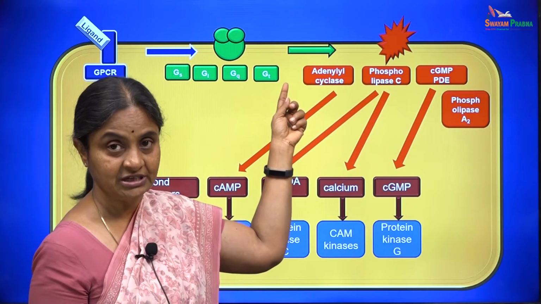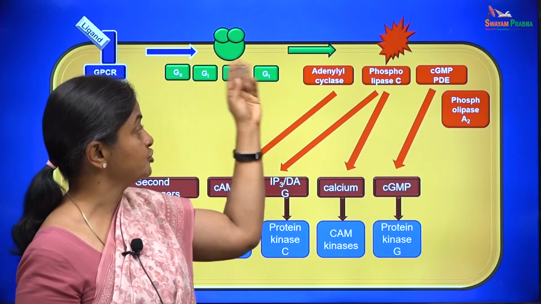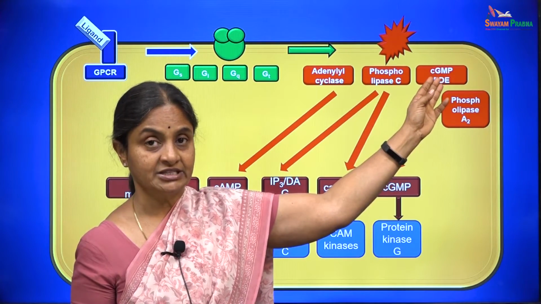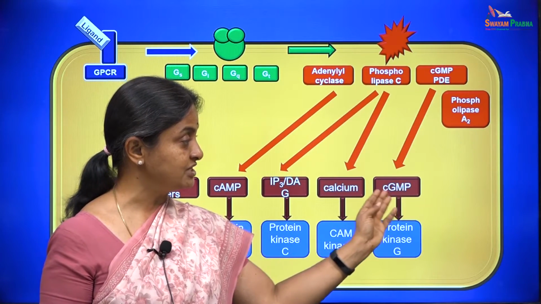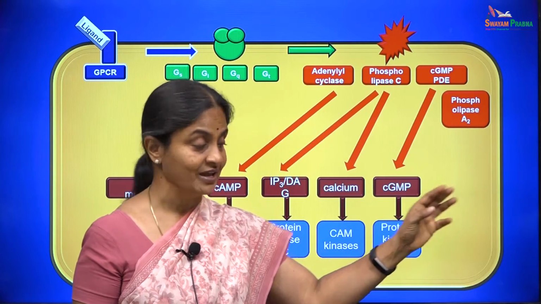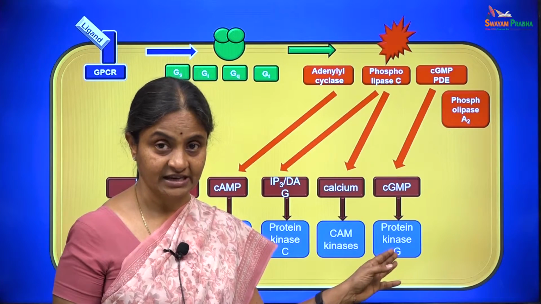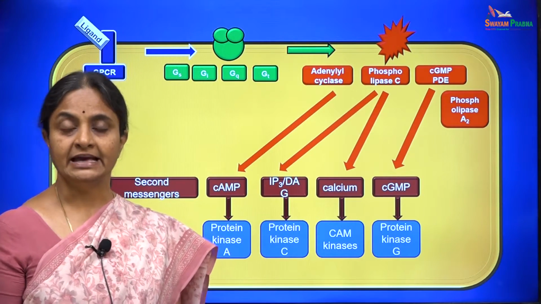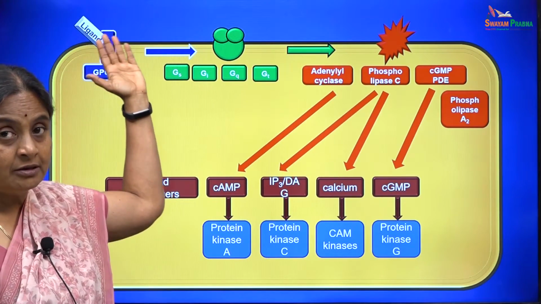Transducin is the G protein which couples light binding to rhodopsin to activation of cGMP phosphodiesterase, and that reduces the levels of cGMP within the cell, which can produce an effect by depressing protein kinase G activity.